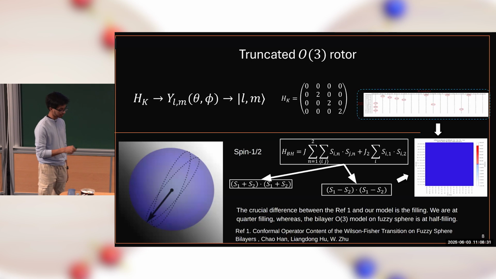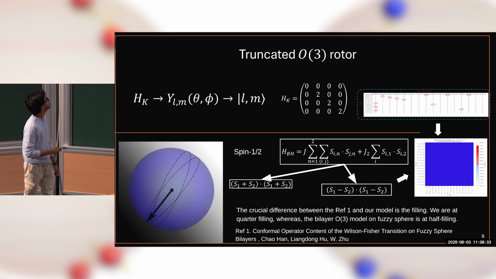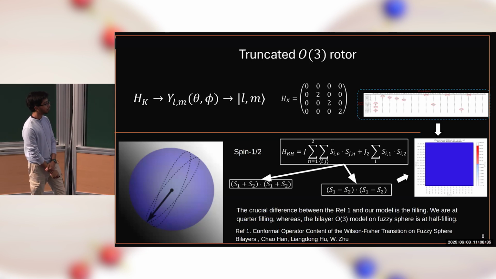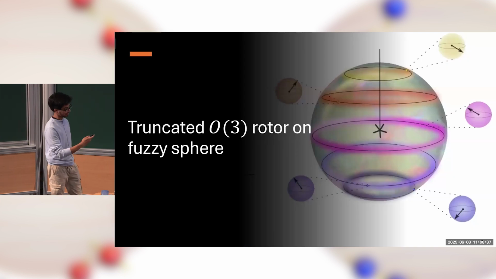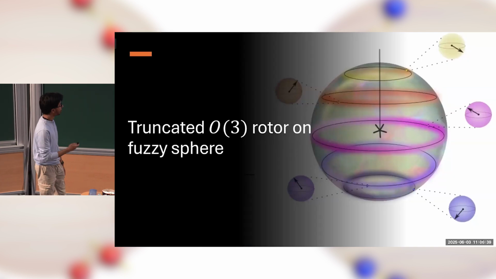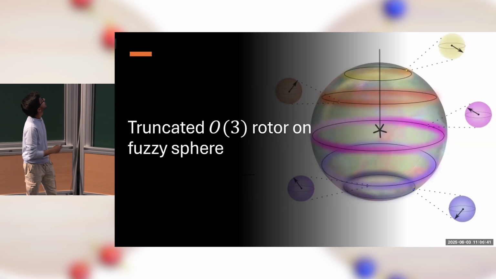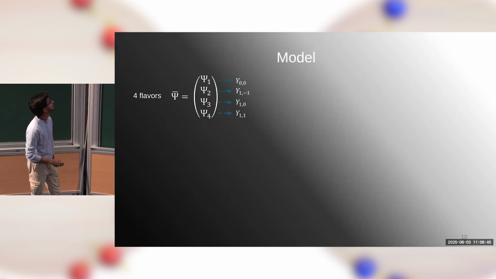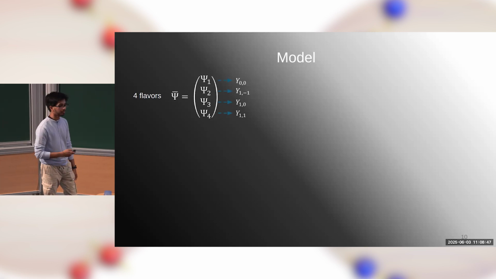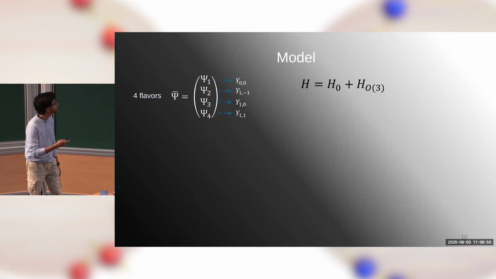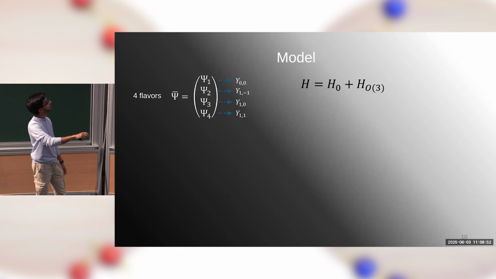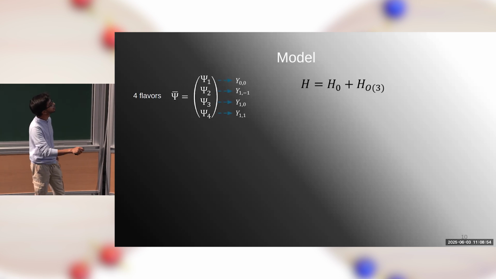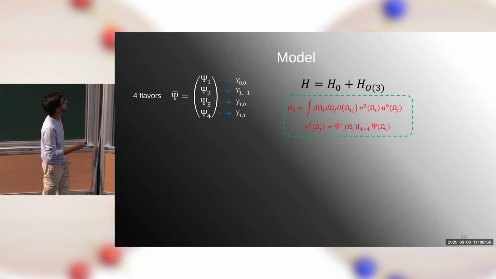So with this, let me move on to how to put these truncated rotors on the fuzzy sphere. We have 4 flavors from the s and p orbitals. The Hamiltonian looks basically the same as the Ising Hamiltonian that we know of. The H0 part is the same as the Ising fuzzy sphere Hamiltonian, just with 4 flavors.